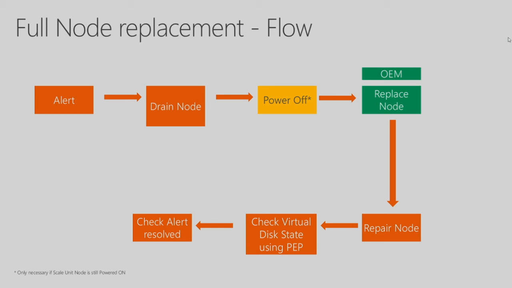Once the repair action is executed, we validate the storage health by using the privileged endpoint. Then we check that the alert got resolved. Again, this is high level, but I'm going to show you the process as well. What I also want to call out is that the processes I'm showing you here are generic. The details of the processes are covered by our hardware partners.